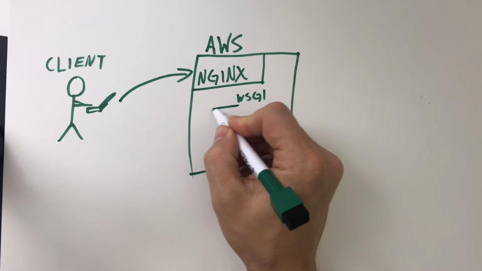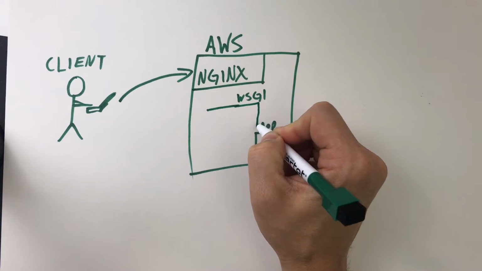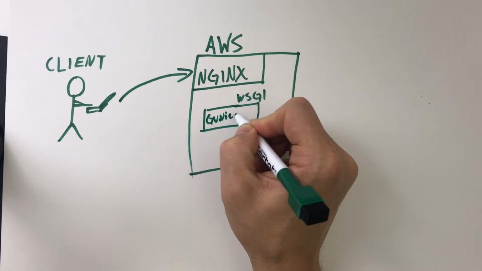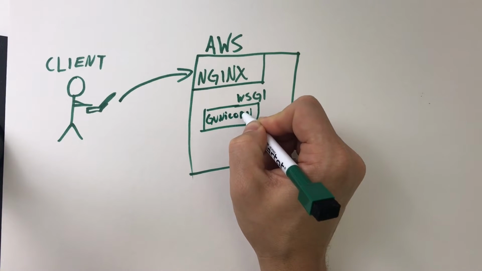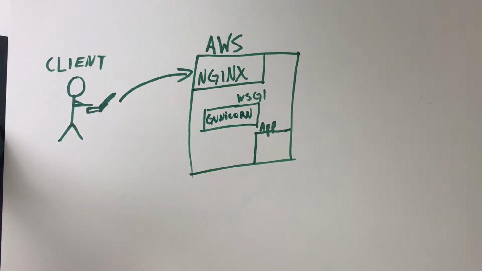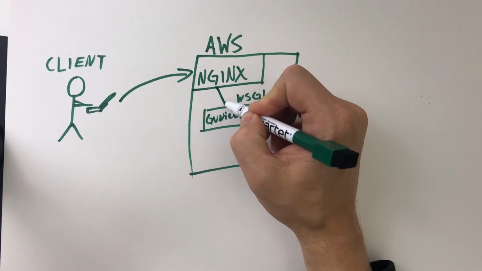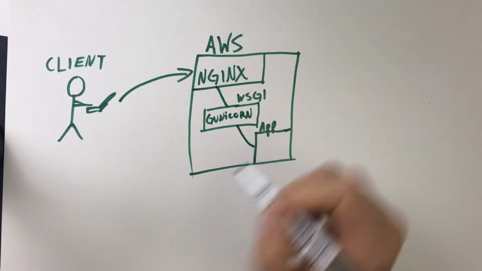Gunicorn is the middleman, so to speak. So what Gunicorn does is it takes Nginx and plugs it into our app.